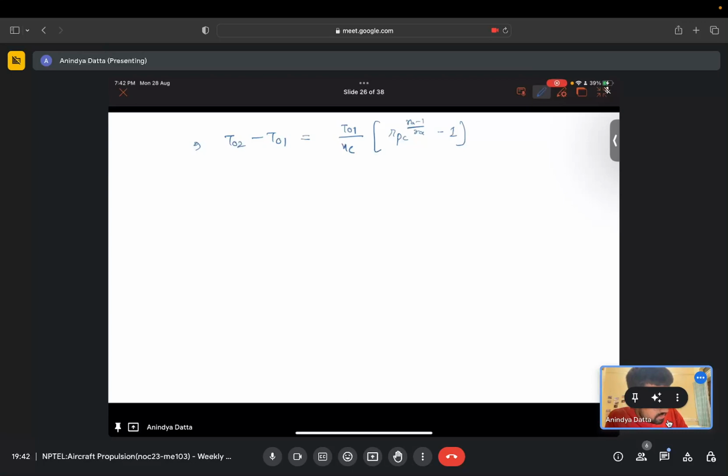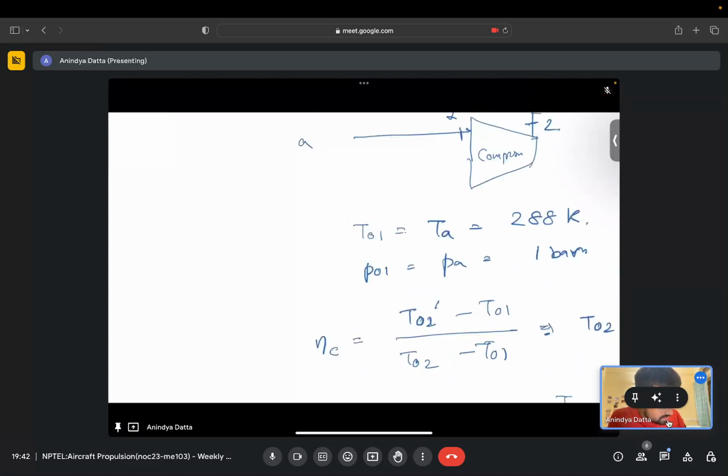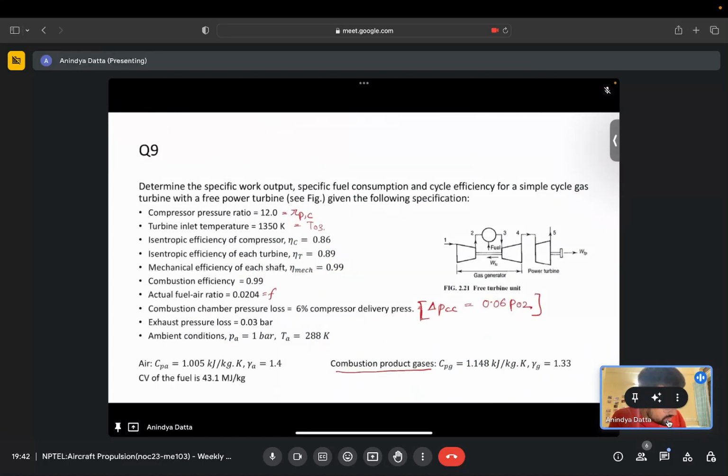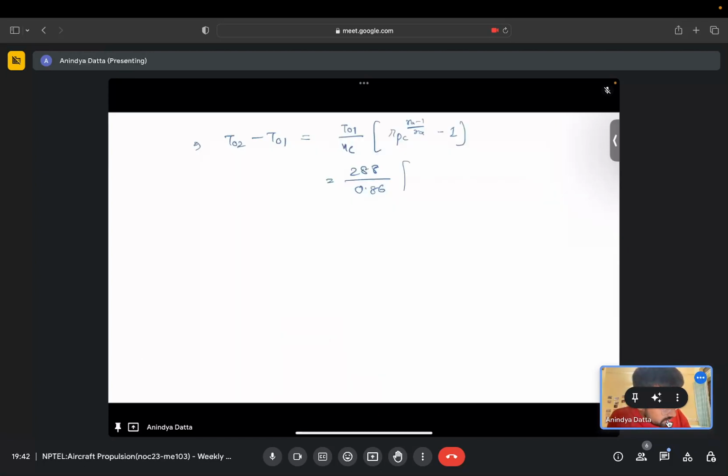This is 288 divided by 0.86, which is the given compressor isentropic efficiency, into 12 to the power (1.4 minus 1) divided by 1.4. So T02 minus T01 will come out as 346.3 Kelvin.